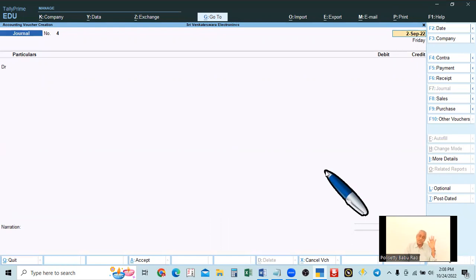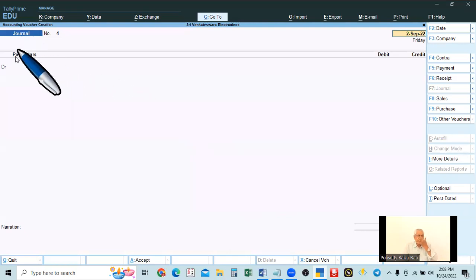There is single entry mode also, that we will learn later. But in journal, there is only one mode, voucher mode with debit and credit. That is why on the right button bar, Control H change mode is disabled. We don't have any option to select another mode, so we don't select anything.